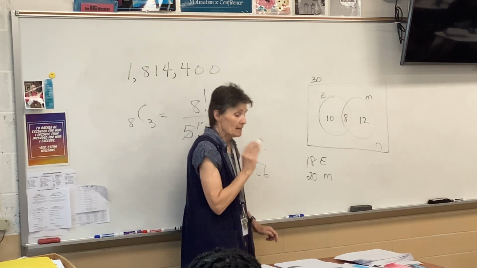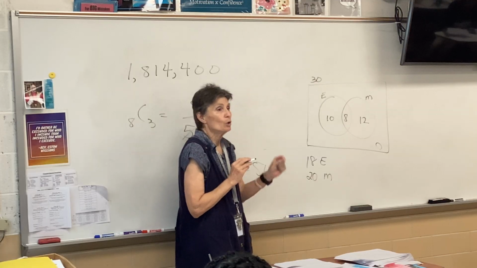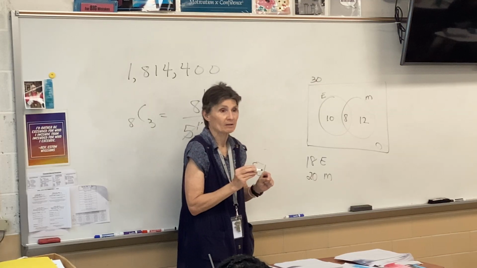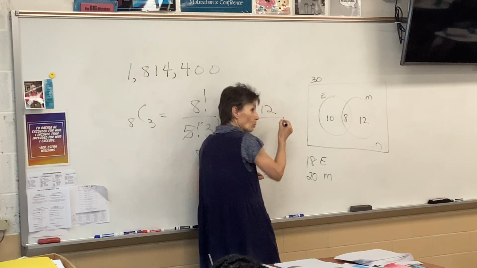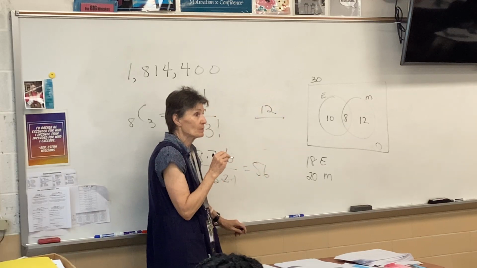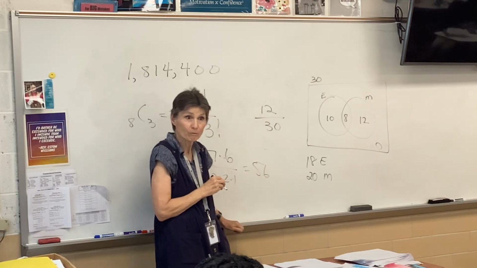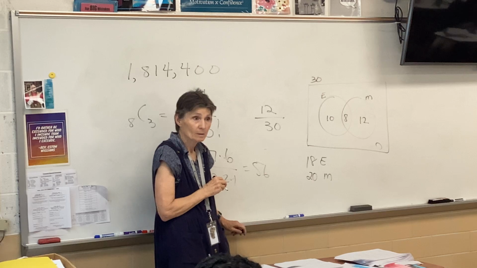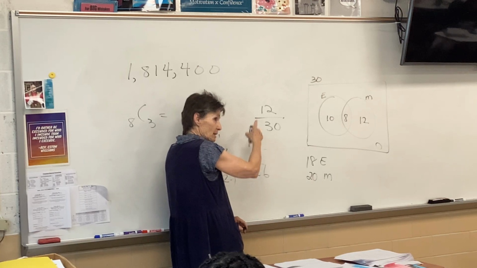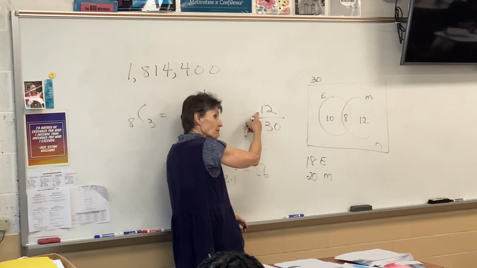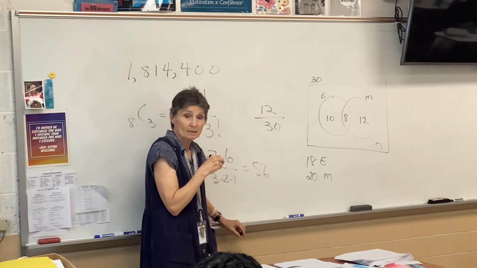All right, now the question said, I'm gonna reach in and grab a kid who only likes math. Well, there are 12 kids who only like math, right? And there are 30 kids altogether to pick from. So 12 over 30 is my probability. What I want, which are the only maths, over 30, which is the total.